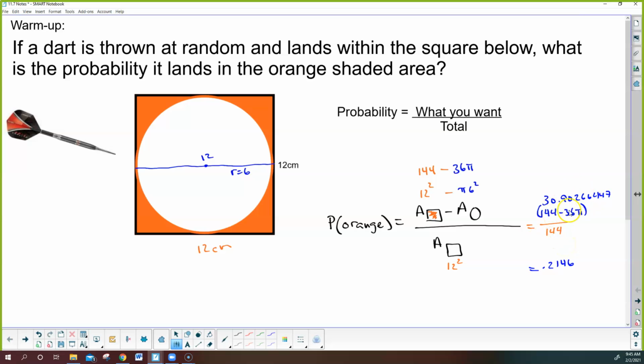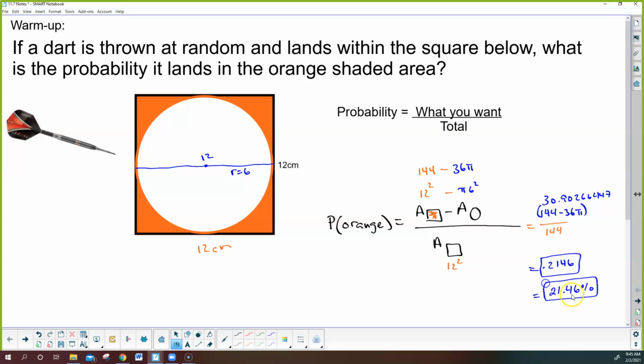This doesn't really turn back into a fraction nicely. So you could leave it as 30.90266447 over 144. But when we express probability, we express it mostly as a decimal. Or we can move the decimal 2 spots over, and a lot of people understand probability better as a percent.